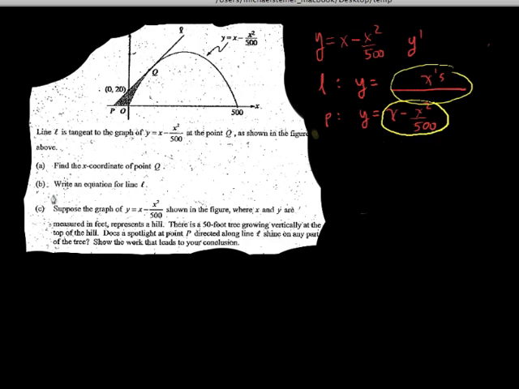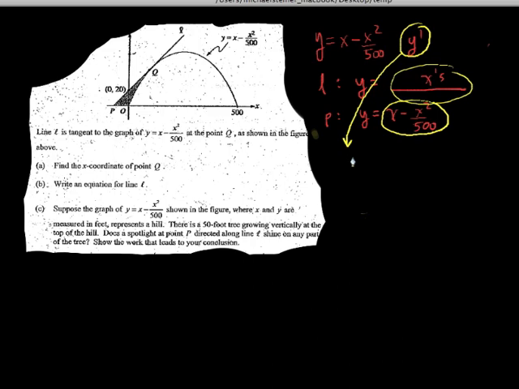The next prompt here says to write an equation for the line L. Well, this is great, right? Because we're going to have y prime, and from that we are going to be able to substitute in our x, the x that we found, because y prime is going to be a function of x.